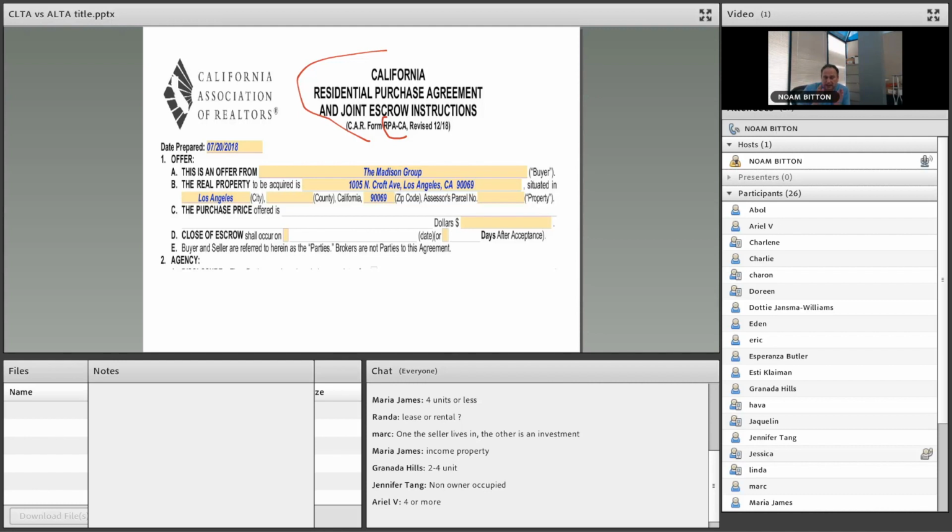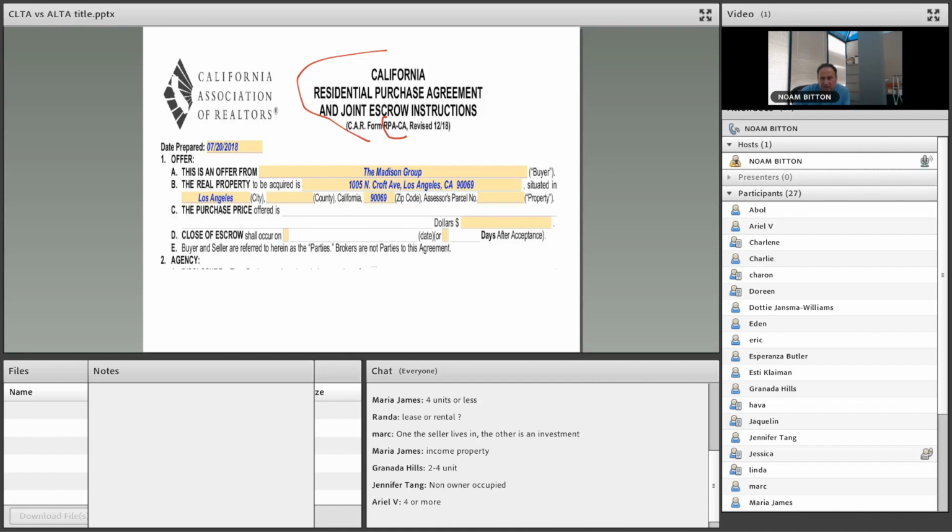So as a rule of thumb, when you write a single unit, you see that? Single unit, either 1 SFR or 1 condo. ST, what's SFR? Please answer us. ST, wake up.